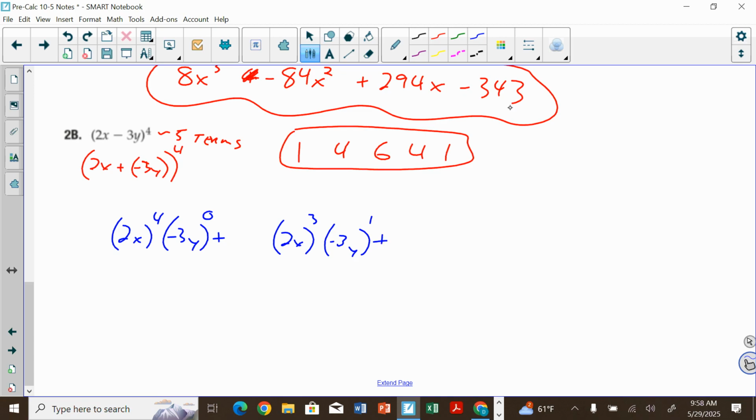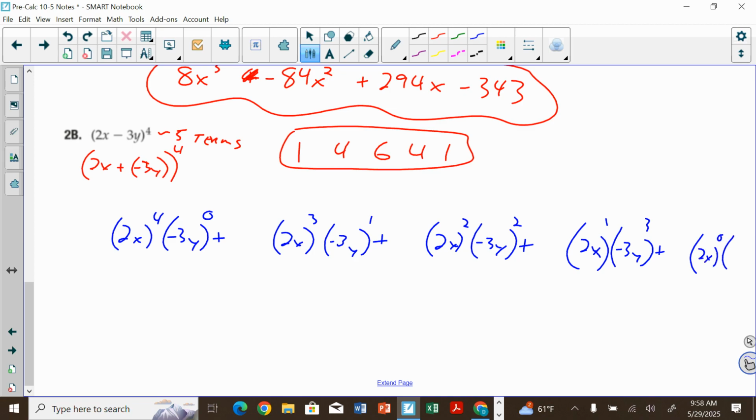The next one, 2x squared times negative 3y squared plus 2x. Going down one more, negative 3y cubed, and then there's one more here, which is 2x to the 0 and negative 3y to the fourth power. Again, you don't have to write to the 0 power because you know it's 1, but it just helps me to put these all in so I know.